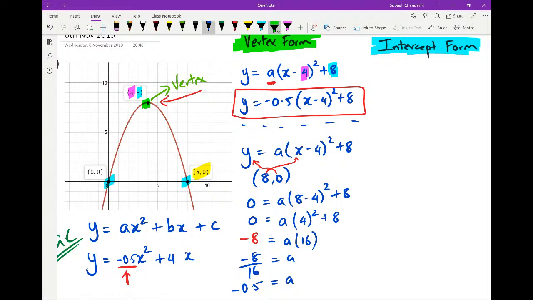So in this case, we're going to write this as y equals a, and we're going to look at the two x values here. We've got 8 and we've got 0. So we're going to write those two values here, so it becomes (x minus 0) and (x minus 8).